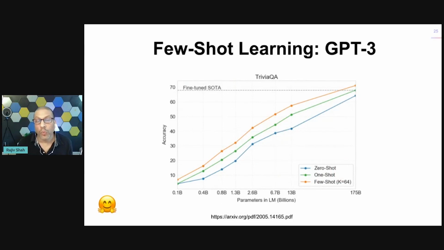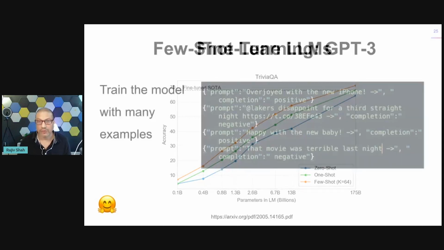Now, when we move to few shot learning, on one particular model with one particular data set, you can see as the models get larger, and as we also go up from zero shot to one shot to few shot, we can improve performance, even in this case beating out a finely tuned state-of-the-art model. So there are a lot of capabilities in these large language models.